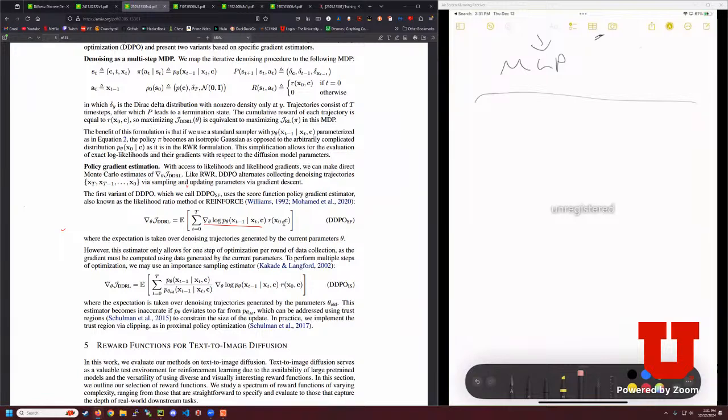Yeah. Okay, this one. So I'm a little bit confused here. X0, isn't X0 the sample generated by the diffusion model, right? Because every time you generate a sample, you're going to let the discriminator decide the reward, right?